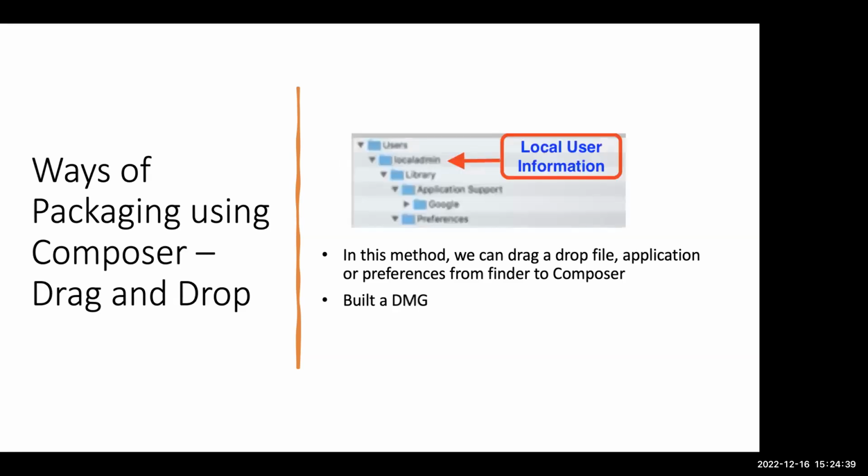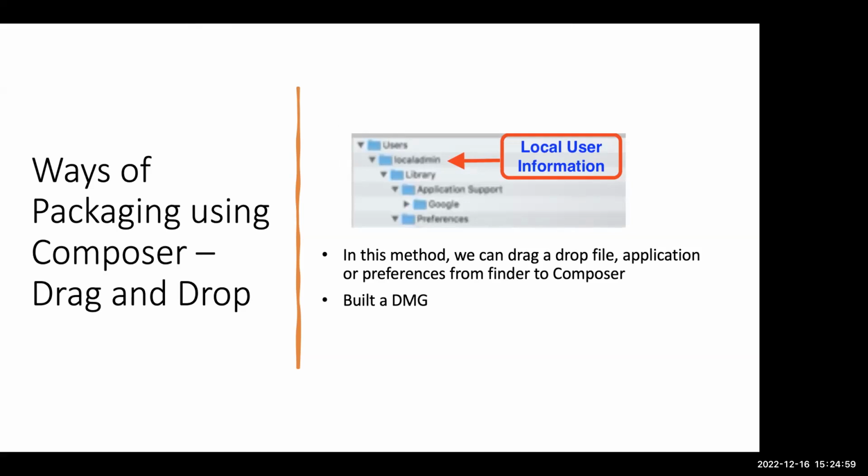If you want to deploy any file or any application that needs to fill some files in the user directory, or at the user level, you would say, in that case we can use Composer as well, and we can fill in the user directories using this, and you can create a DMG.